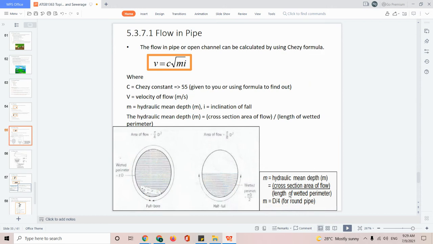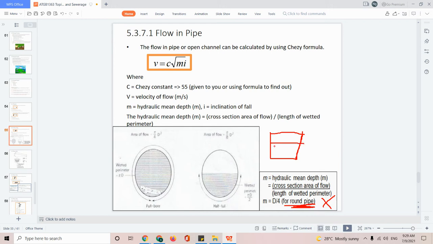This is important for a round pipe. But if your pipe is a square, then it will be different. Just for example's sake, if it's a square, then this does not apply anymore.